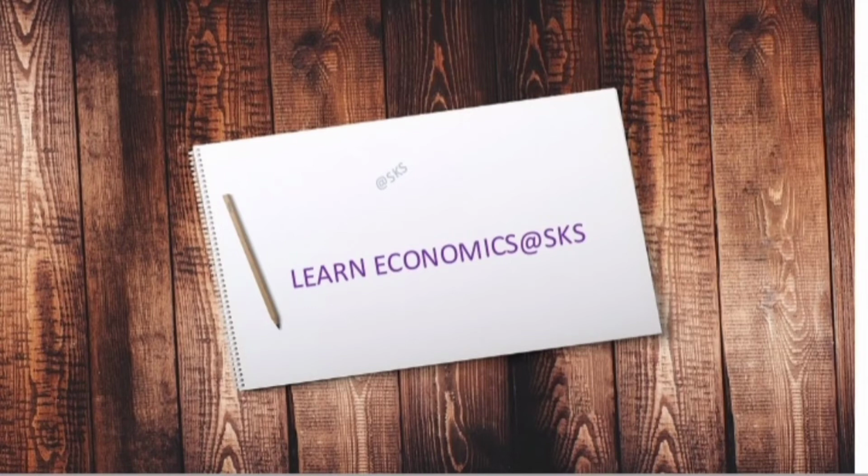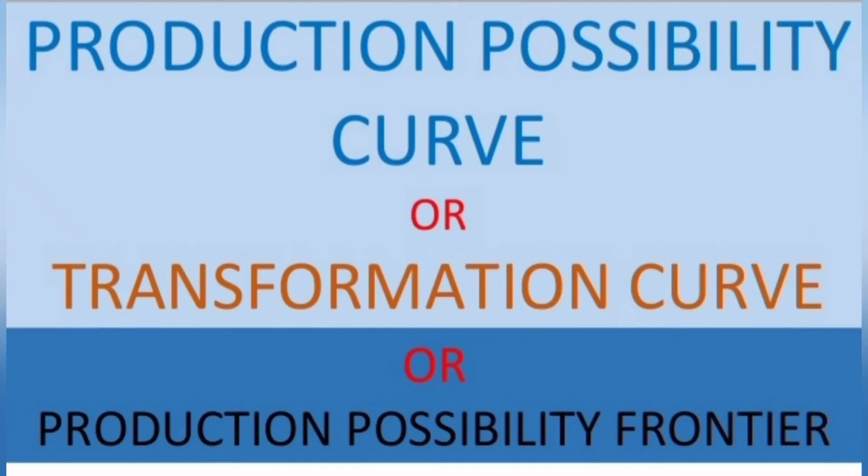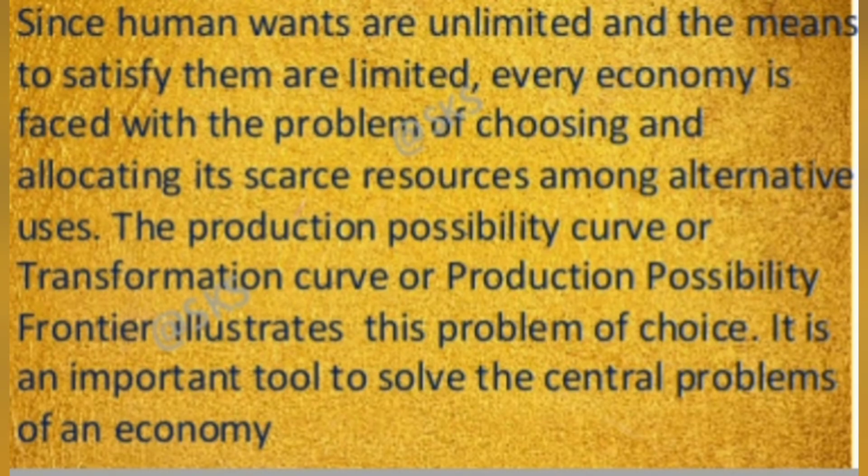Production possibility curve, which is derived from a production possibility schedule, is also called transformation curve or production possibility frontier. How it is constructed, how the production possibility schedule is prepared, how the curve is graphically presented, all these we will see in this chapter.